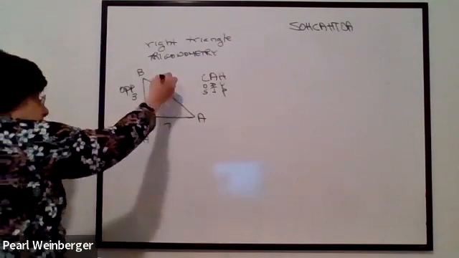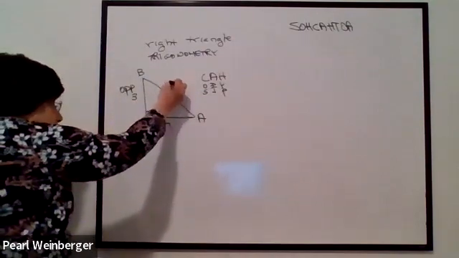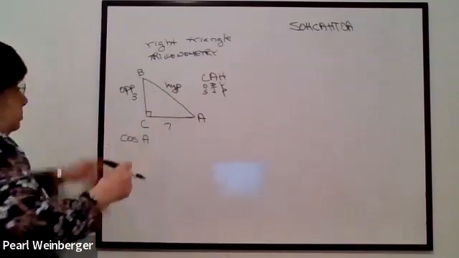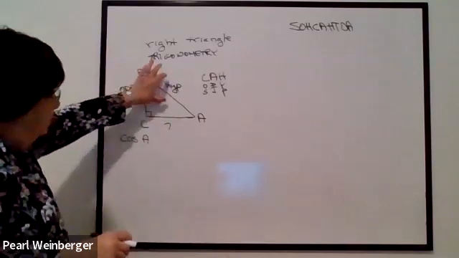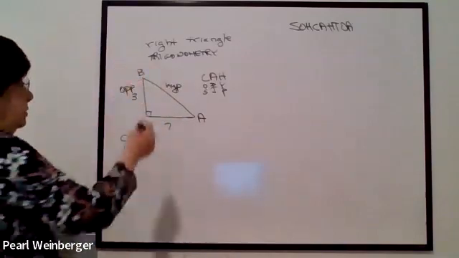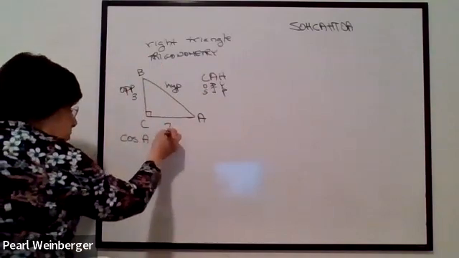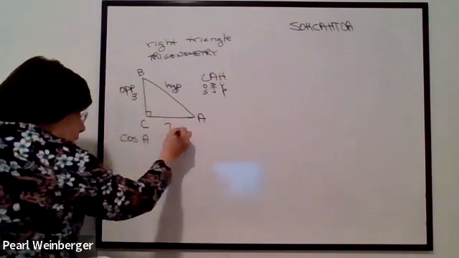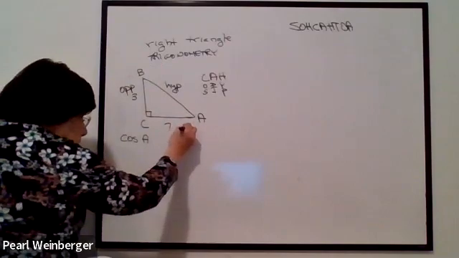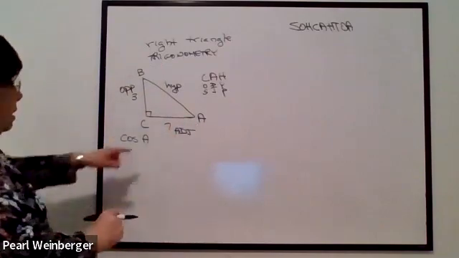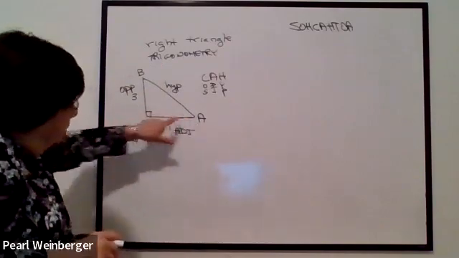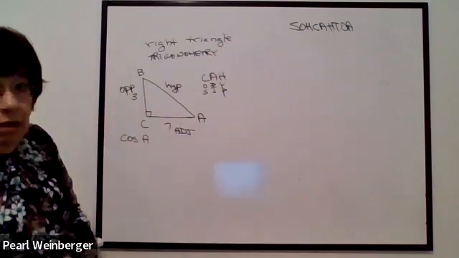This side is the hypotenuse. And those are the ones I usually label first, the opposite and the hypotenuse, which leaves the third side, what we call the adjacent side.